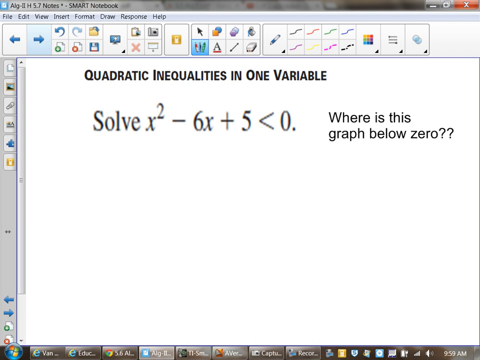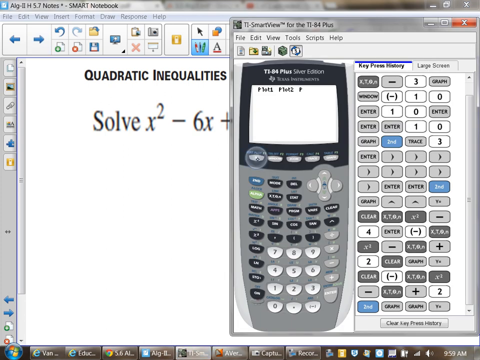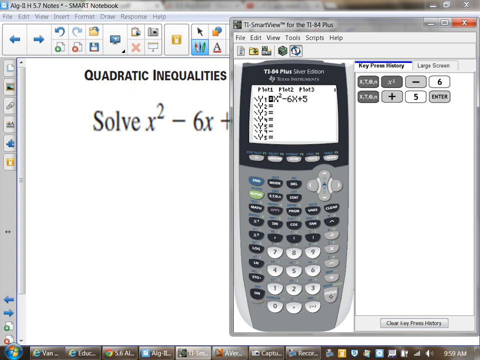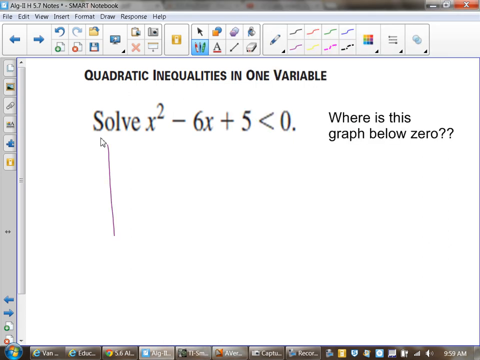So go to your calculator. Let's graph x squared minus 6x plus 5. We have the graph. Remember, we're just rough sketching here. We had an axis of symmetry at 3.